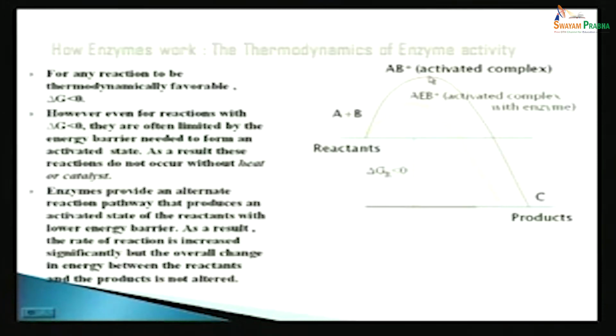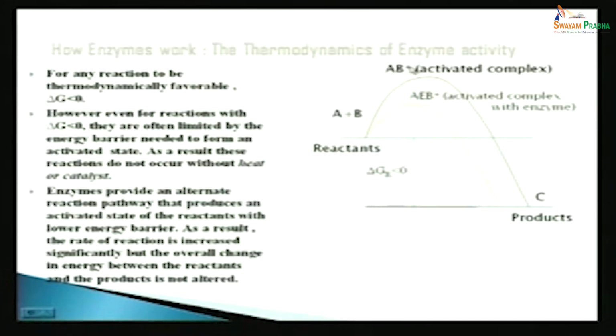Now we will show that, maybe not in today's class, but very soon in the following classes. What the enzyme does is essentially create a different complex. A and B together form an activated complex AB+, which has a certain activation energy.